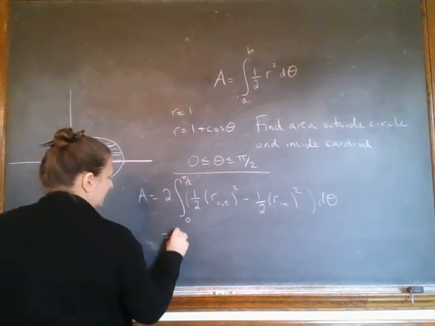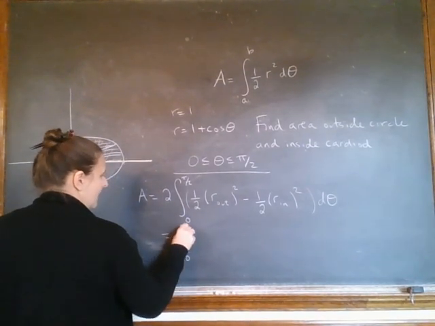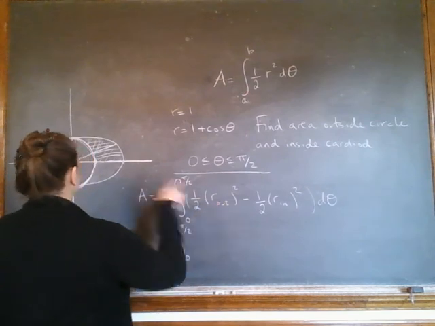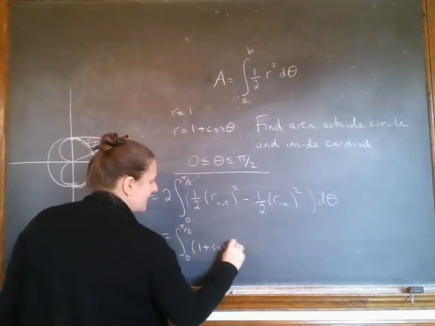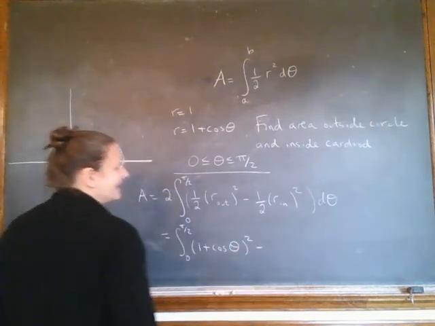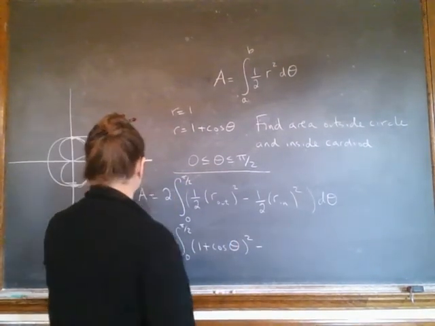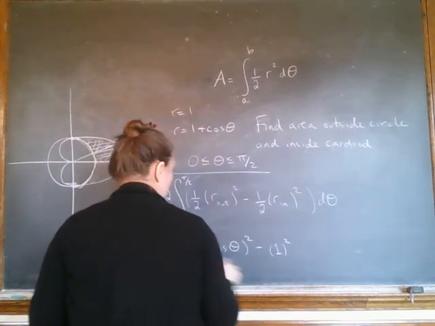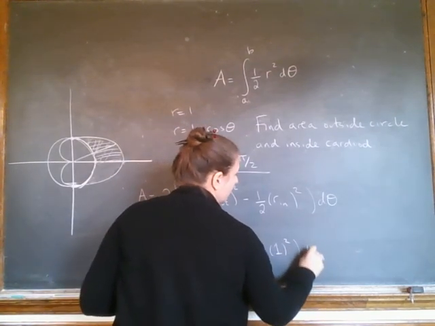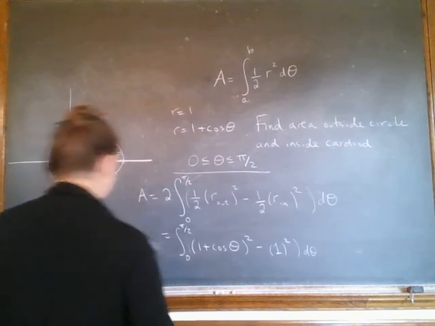The 2 and the 1/2 cancel, so I have 0 to pi over 2. My outside curve was the cardioid, so this is 1 plus cosine theta squared, and my inside curve was just the circle. It happened to be of radius 1, so I don't have to worry about that.